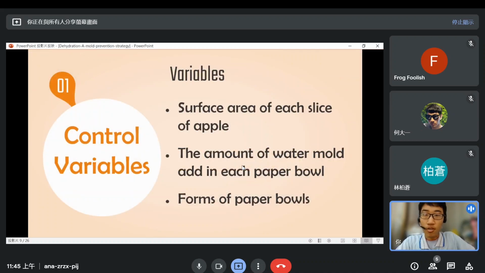These are our variables in the experiment. First, these are our control variables, including surface area, the amount of water we add, and forms of paper bowls. Those are under control in order to make sure the experiment is conducted under the same condition.